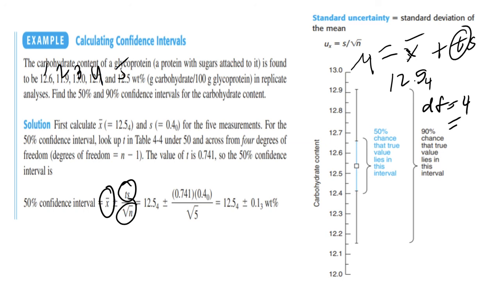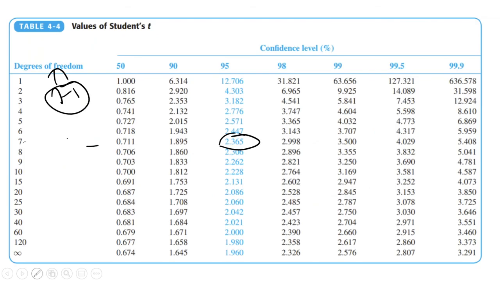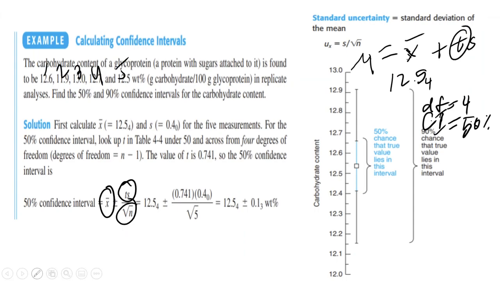And I'm looking at a confidence level of 50%. So for 50%, it would be here, right? This 0.741. So it's going to be 0.741 as we determine on the table.